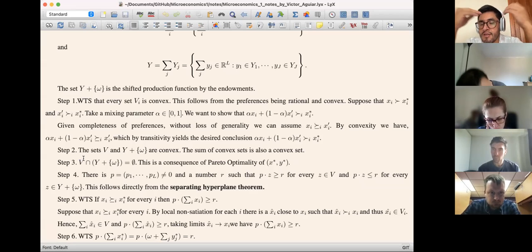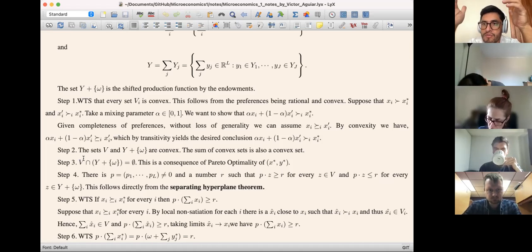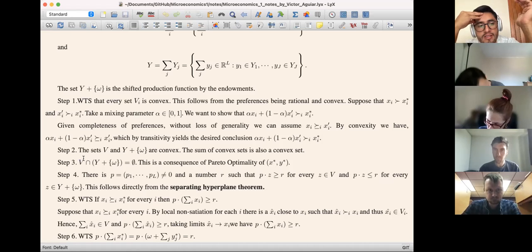So the separating hyperplane theorem is almost there. We have two convex sets, and the intersection of the convex sets is empty. So now you can apply the theorem. This is just a result from convex analysis.